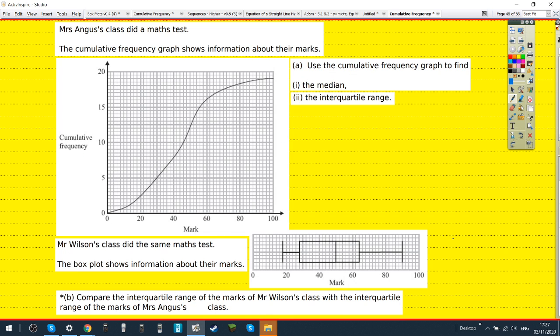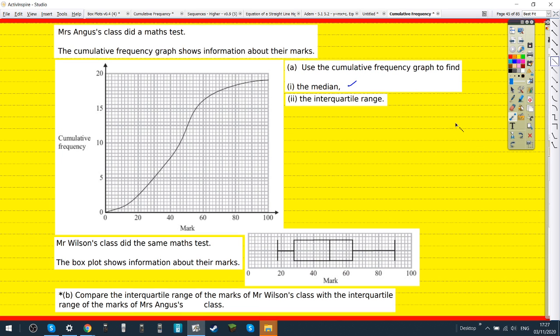How about this one? We did the median, so let's just do the interquartile range. So you have to half it.